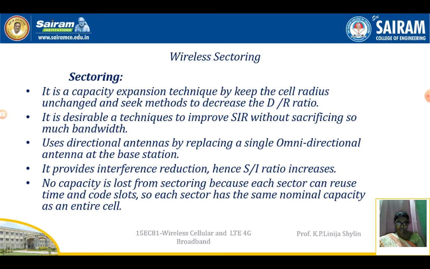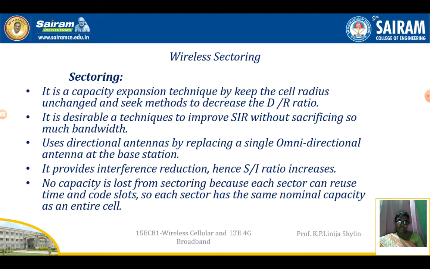It is to decrease the co-channel interference. In the previous session, we discussed different types of interference which affect wireless communication systems: adjacent channel interference, co-channel interference, other channel interference, fading, and so on.